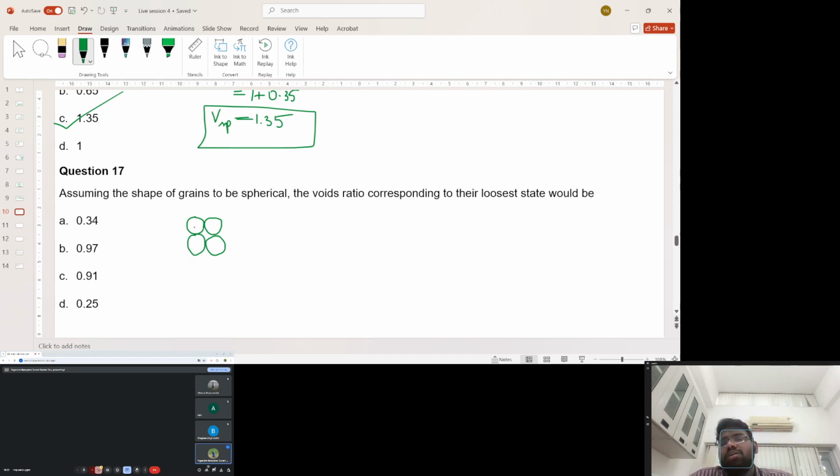In 3 dimensions, a particular element consists of 8 spheres in 1 cube. Let the diameter of each sphere be d.